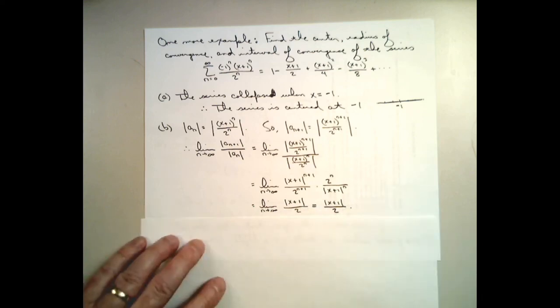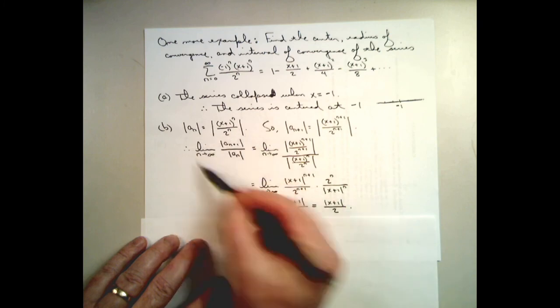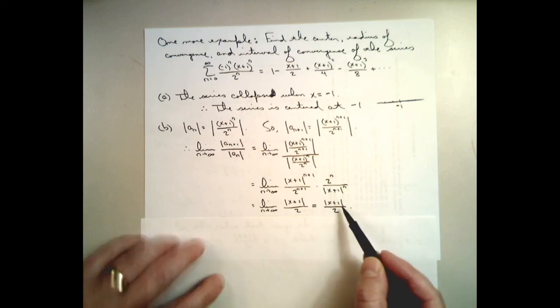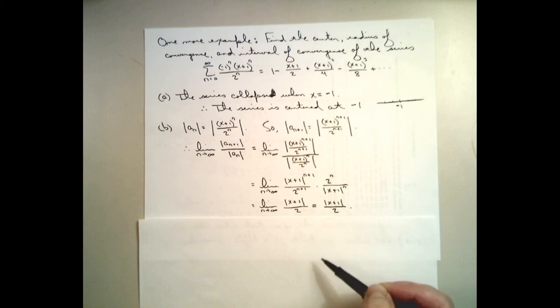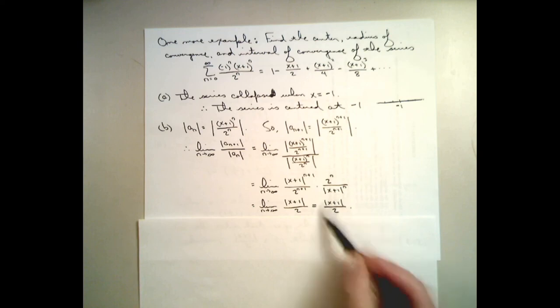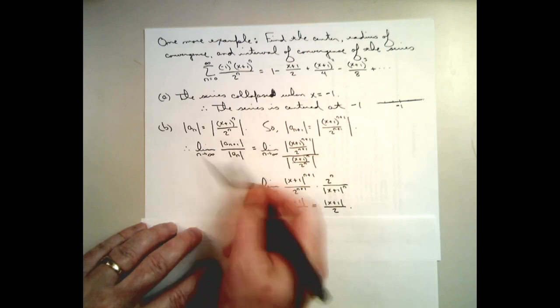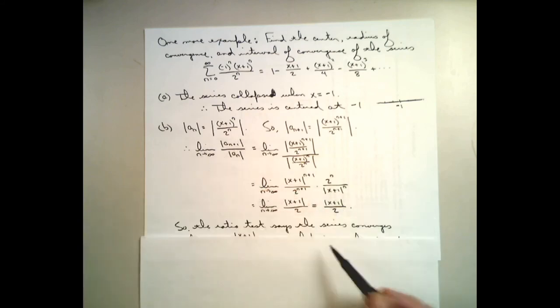And so what that tells me, remember, we're using the ratio test, and the ratio test is interested in when this limit is less than 1. Well, that limit's equal to this. And so I'm interested in knowing when this is less than 1. I know my series will converge when the limit of the n plus first term to the nth term is less than 1, right?